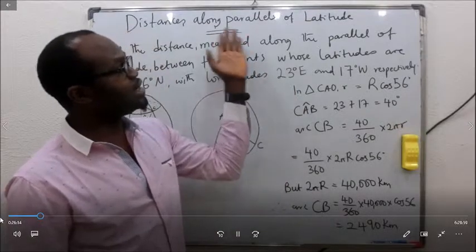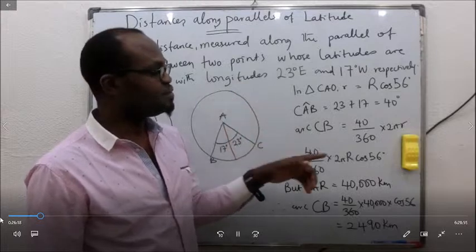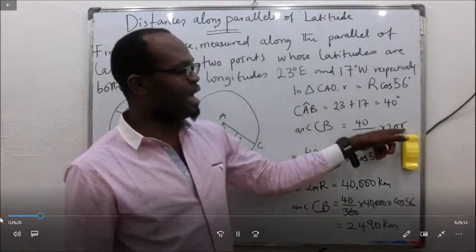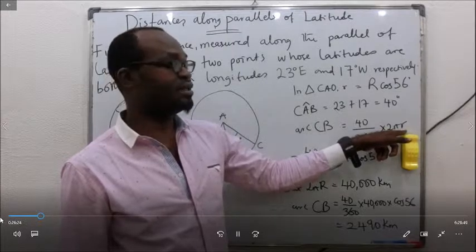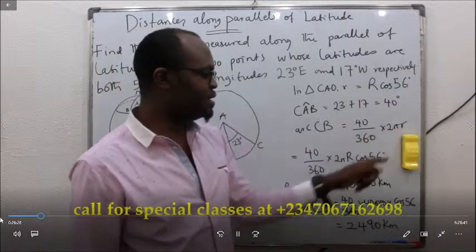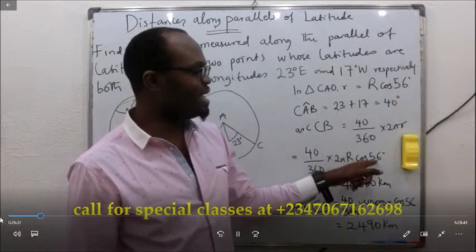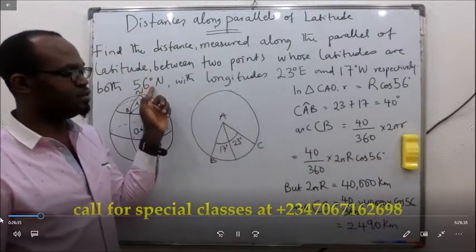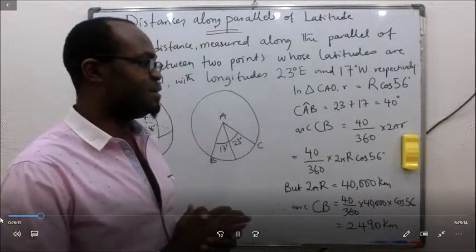But if you're talking about parallels of latitude, instead of having 2 pi R, where R is the big R of 6,400, you're going to be having this small r. And this small r is the same thing as the big R cos the angle of the latitude. So that is the major thing you need to understand about this calculation.